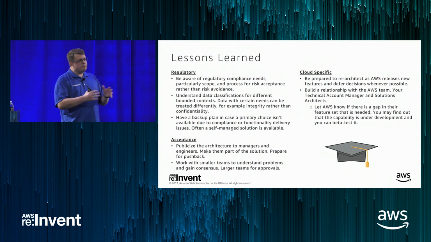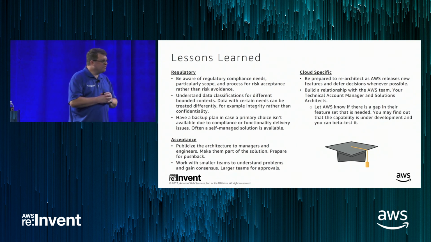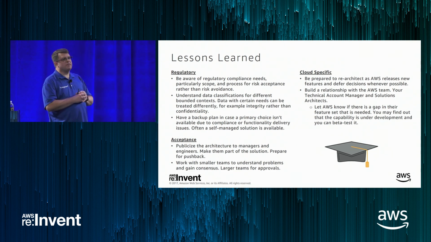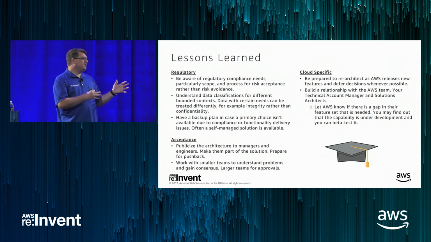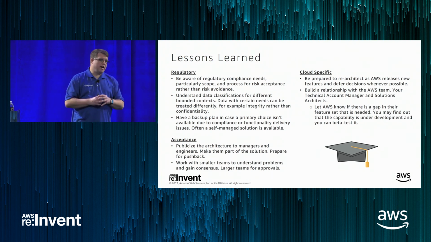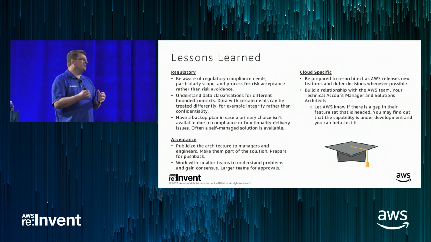When you're taking that database, splitting it up into multiple different bounded contexts, moving it around to different microservices, it's possible to think of it differently. So understanding the different data classifications is really critical. Being able to treat those different data classifications in different ways for different microservices can save you a lot of time and effort in terms of the possible solutions that you can use.